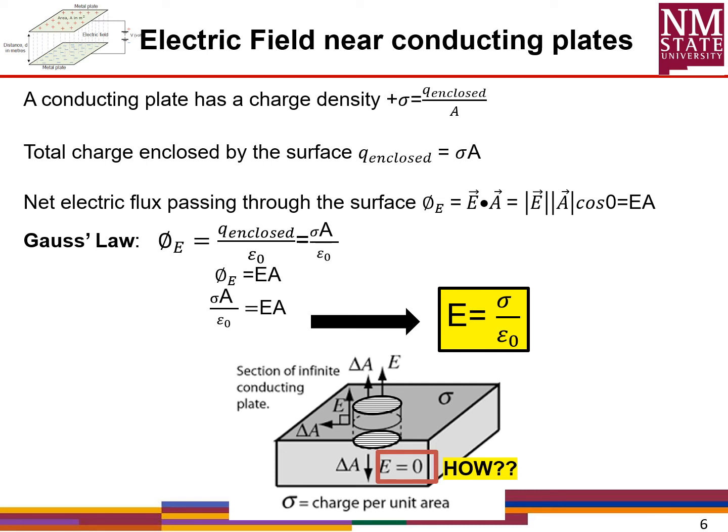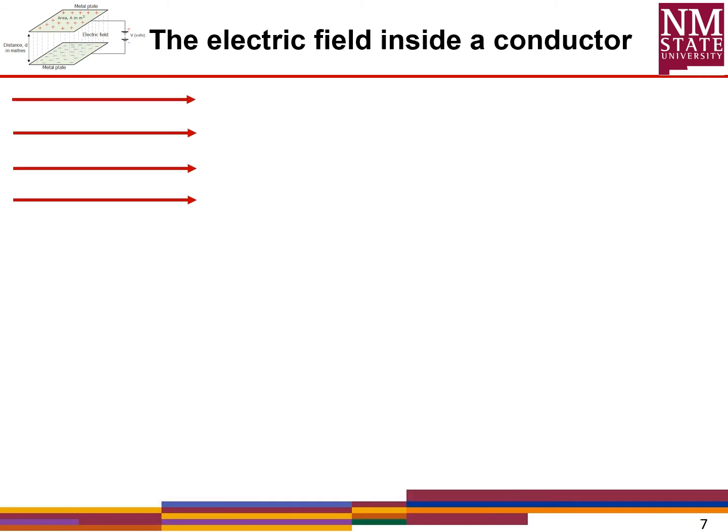And I told you the electric field inside a conductor is equal to 0. Why is it equal to 0? Let me explain it. Let me go to the next slide. Here you can see, let's assume we have a uniform electric field. The field lines are parallel to each other.